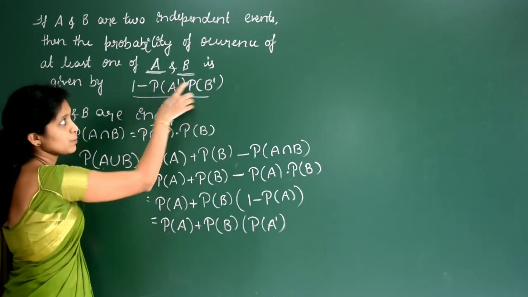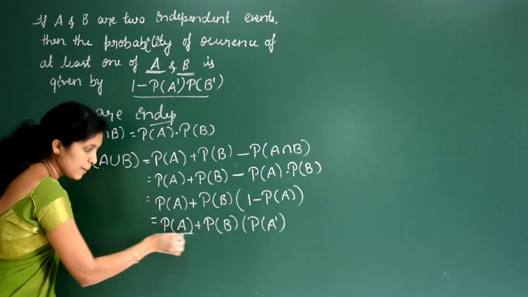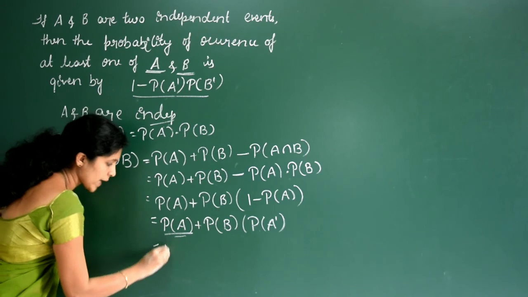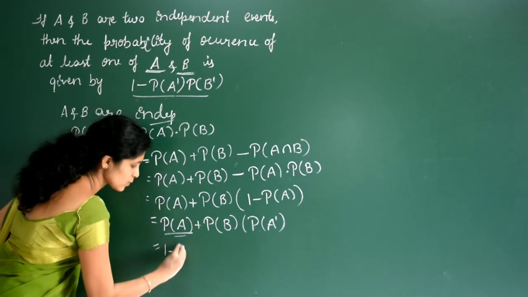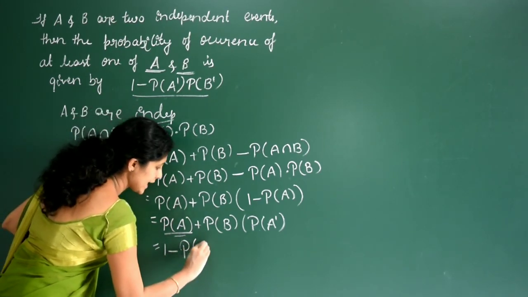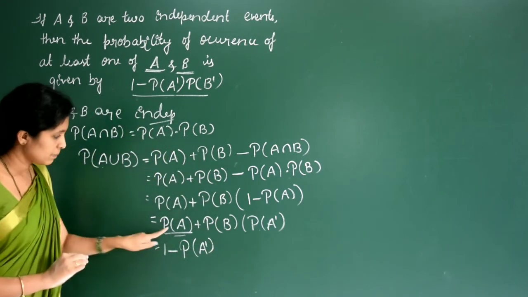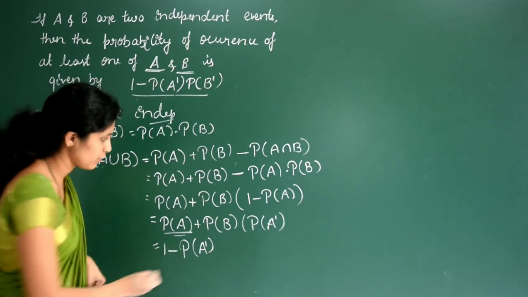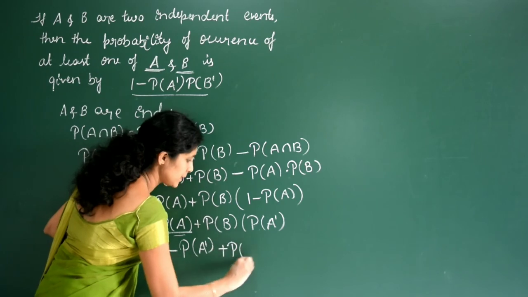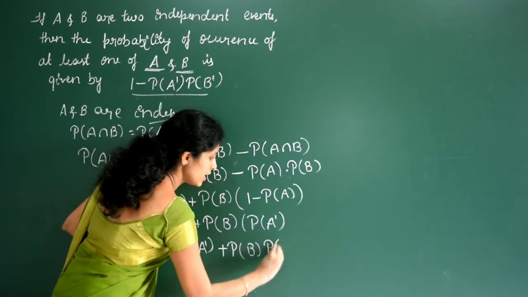As I told you, this should be in the A dash form, so we will write P of A as 1 minus P of A dash, plus P of B into P of A dash.